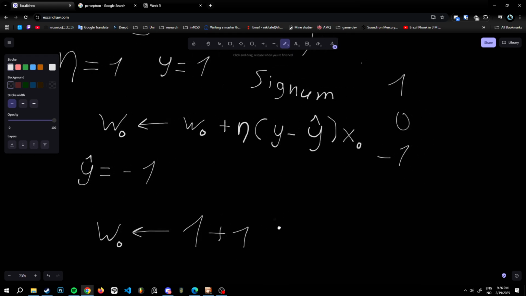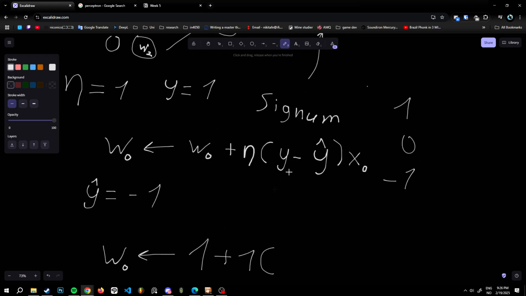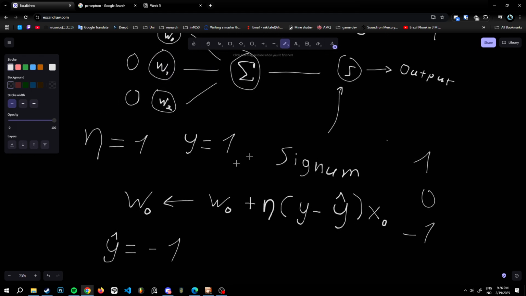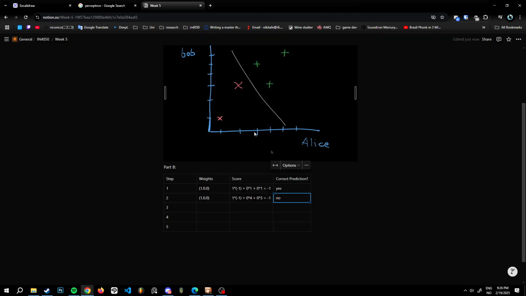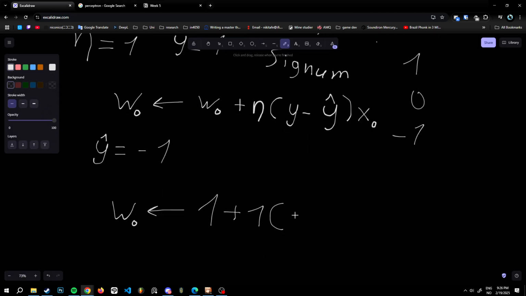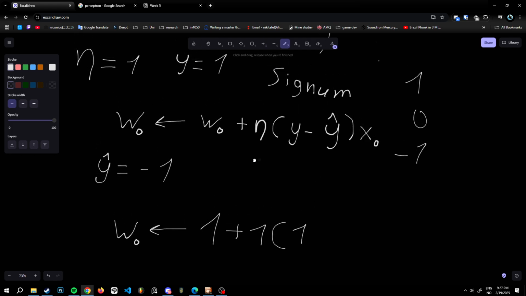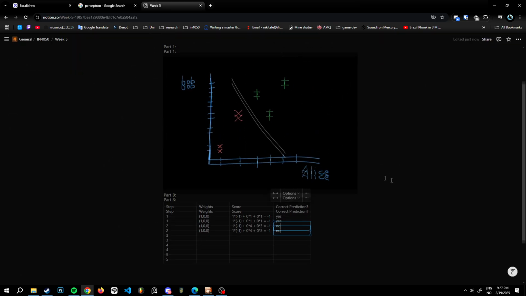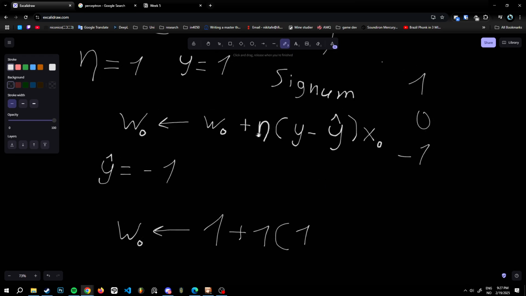Then inside, we multiply it with the real prediction, the correct prediction, which was 1, that it is in fact a profitable movie.